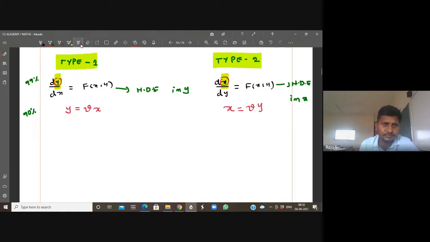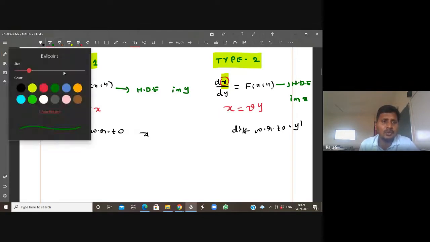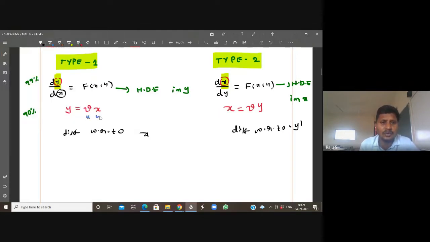When I take y is equal to vx, I differentiate with respect to x. When x is equal to vy, I differentiate with respect to y. When I differentiate with respect to x, we have to apply the uv rule on the right side, because v is also a function. So dy by dx is v into 1 plus x into dv by dx.